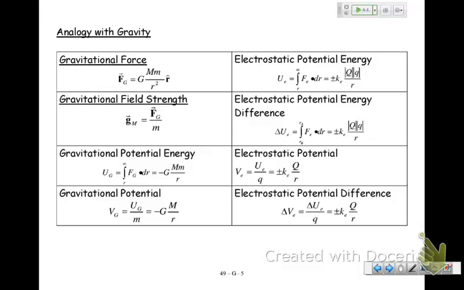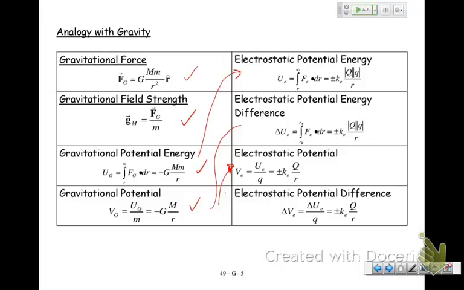Flogging a dead horse, this is probably overkill, but we have electrostatic gravitational force, we have our gravitational field strength, we have our gravitational potential energy, we have our gravitational potential, and then here, I'm sorry, I didn't line this up very well. So we have the electrostatic potential energy, and we have the electrostatic field, and then we have electrostatic potential.